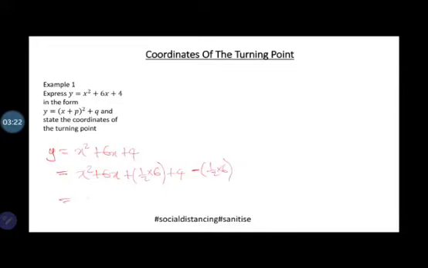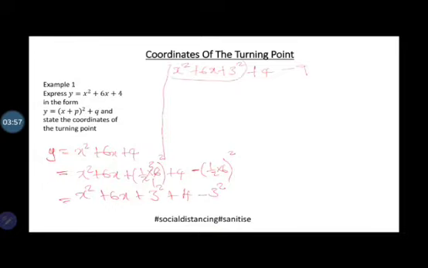So half of 6 is 3, so we have 3 squared plus 4 minus 3 squared. That will simplify to x squared plus 6x plus 3 squared plus 4 minus 9.